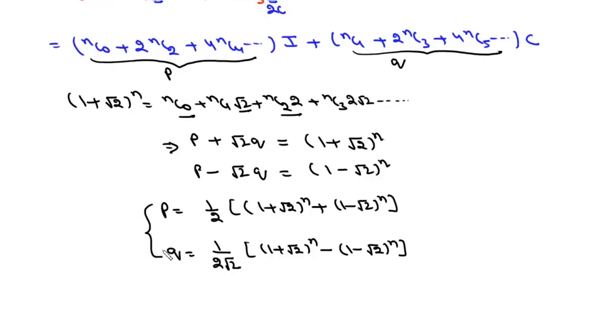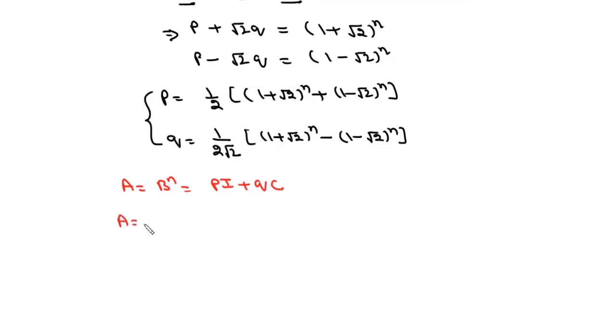So basically we can write A, which is B to the power n, as PI plus QC. So this A will be this PI, so it will be [P, 0; 0, P] plus Q times C. Now C was [1, 1; 1, -1]. So there will be [Q, Q; Q, -Q].